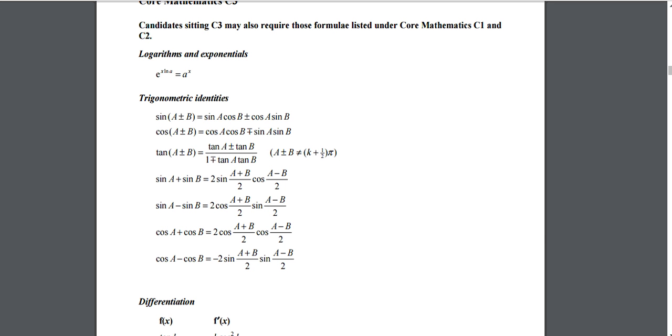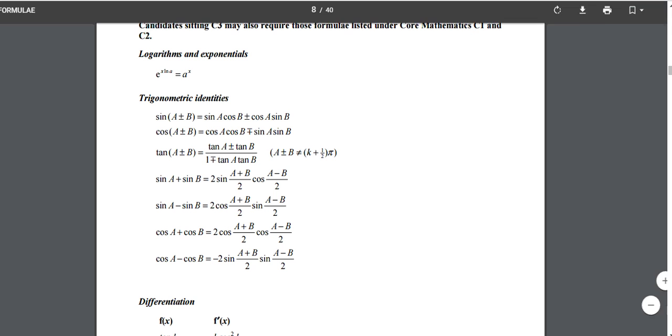If we have a look in your formula booklet, we've got cos(A + B), just take the top signs, equals cos A cos B minus sine A sine B. The top sign relates to the top sign. So cos(A - B) will be cos A cos B plus sine A sine B. But we are after cos(A + B), or theta plus alpha. That's going to be cos theta cos alpha minus sine theta sine alpha.